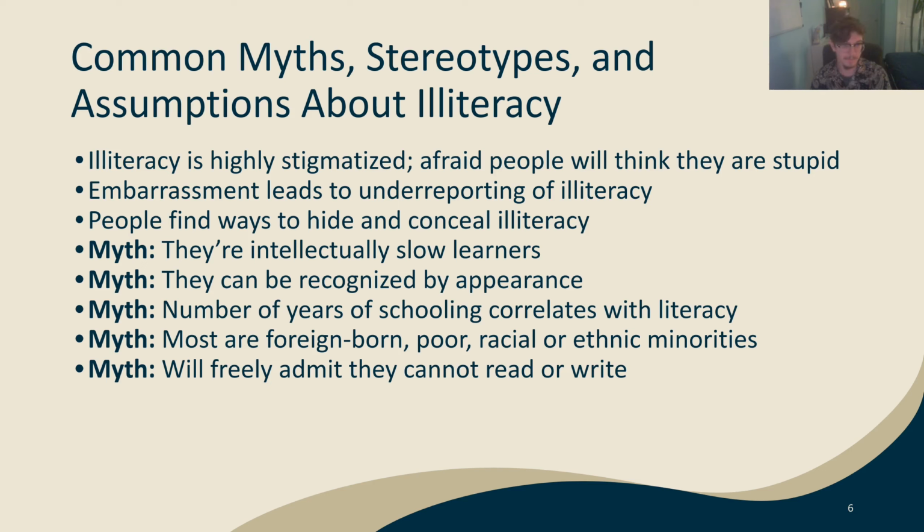Myth number three, number of years of schooling correlates with literacy. This is not true at all. People already tend to read and comprehend a couple of grade levels below what grade level they actually completed. These things don't really correlate. In fact, your average adult has completed high school.